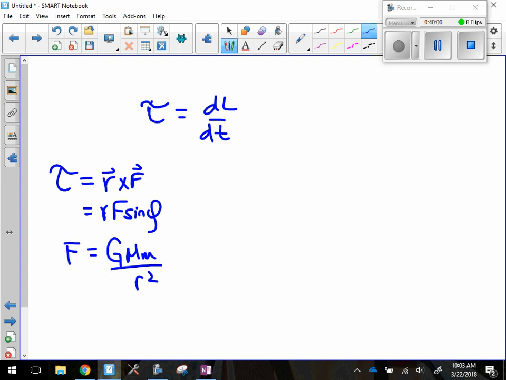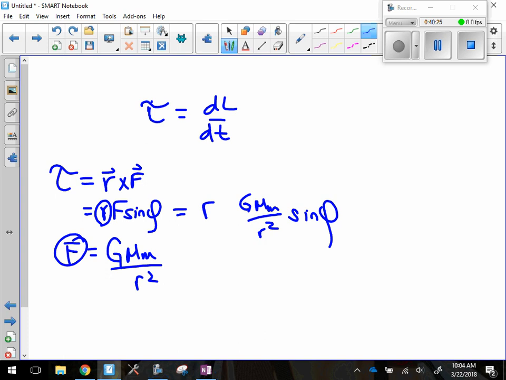Okay, so as we move away from the sun, when we're over there at apogee, far away, when r gets big, the F is going to get small, but the r is going to increase. But if I substitute in here, and I don't even care what sine phi is.